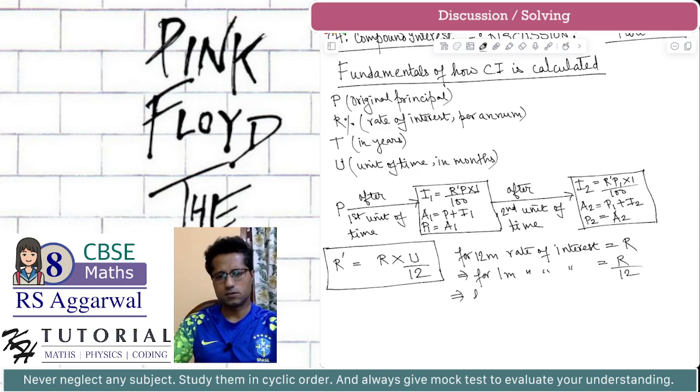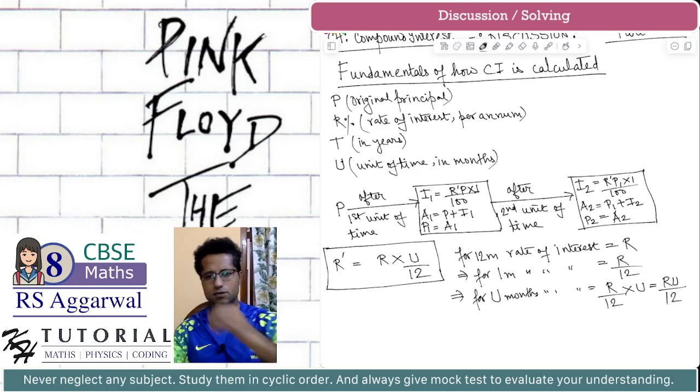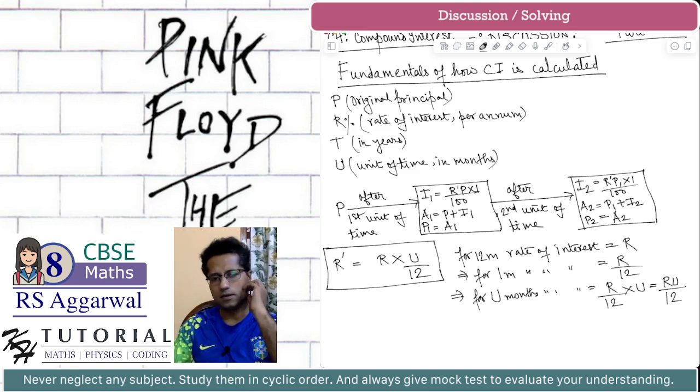This implies for U months rate of interest will be equal to R by 12 multiplied by U. This is a very fundamental concept of the unitary method. So this is where the formula comes from, that R dash is equal to R U by 12, where U is in months.